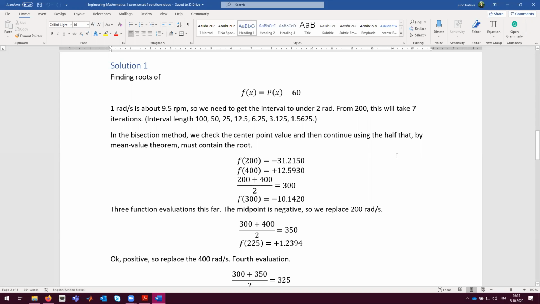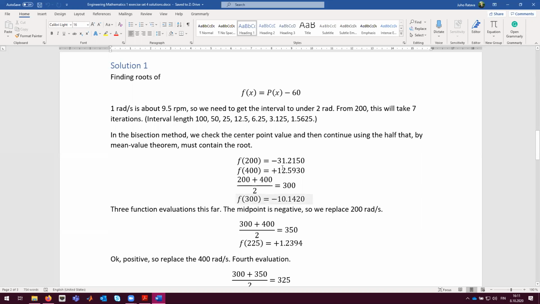And we can use the center point value, so that's why the interval can be that long. So we started from 200 and 400, midpoint is 300, and got this value.